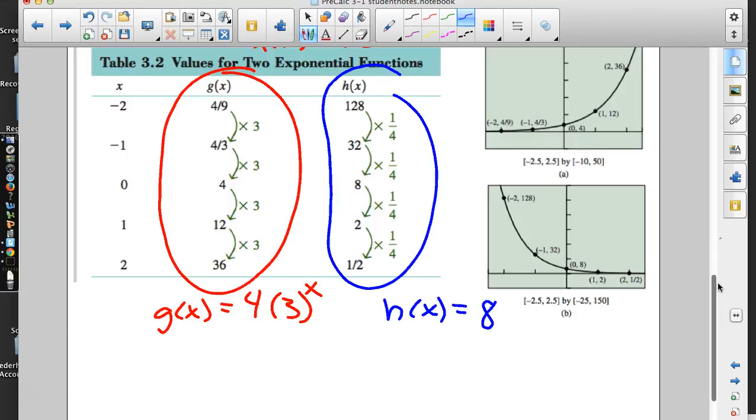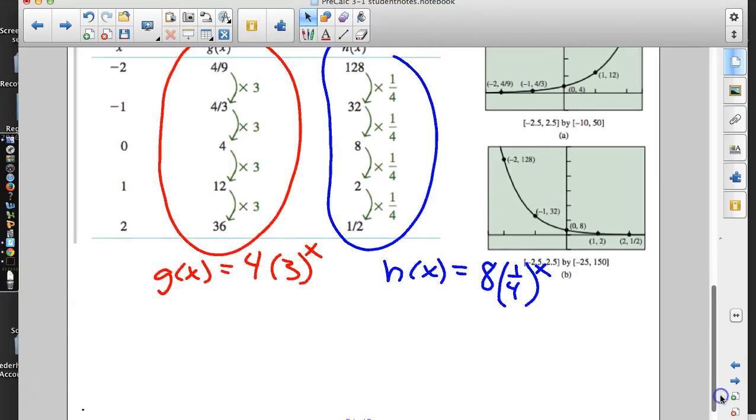And then what would our base be? 1/4. That's what they're multiplying by every time. And then we just want to slap a little x up there. So it's not incredibly difficult, especially if you have a table that's used 0 to figure out what that exponential function could be modeled as.